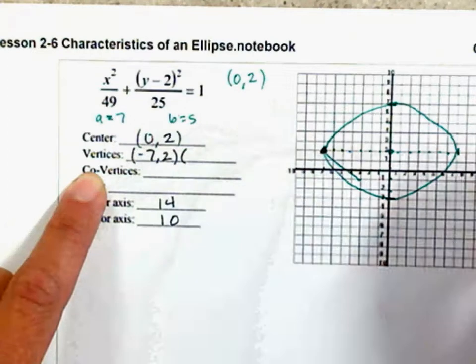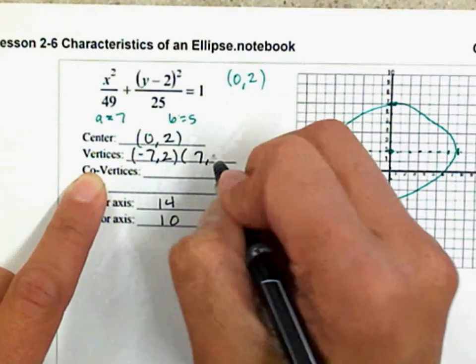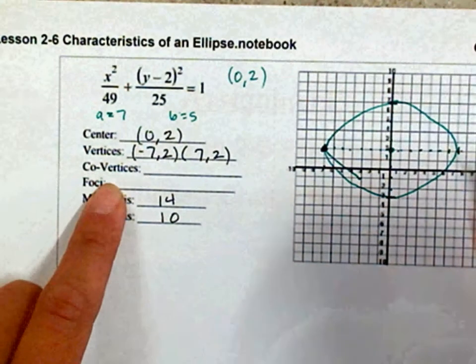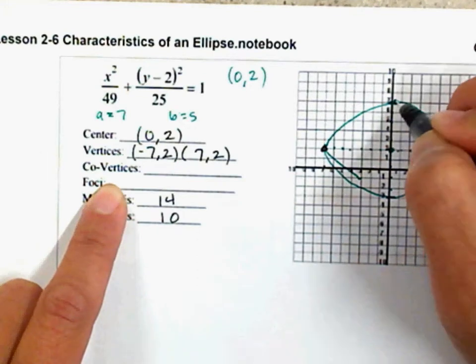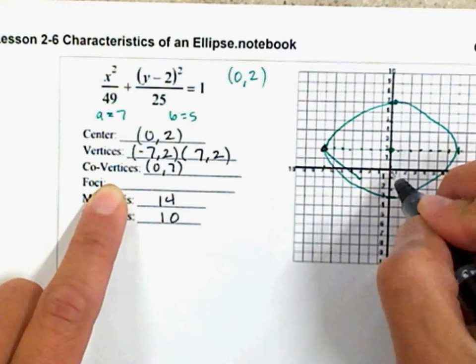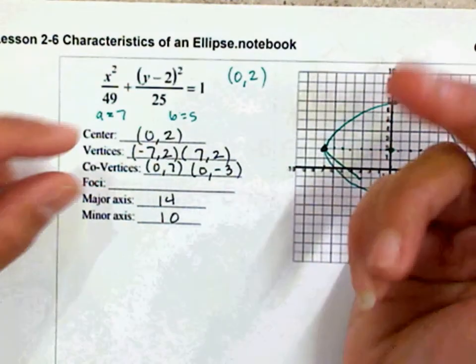And 7, and 2. Count it from the center. Your co-vertices, so you're at 0, 2, then 3, 4, 5, 6, 7. What is this one? Negative 1, negative 2, negative 3. So 0, negative 3. Looks kind of like yesterday's assignment, right?